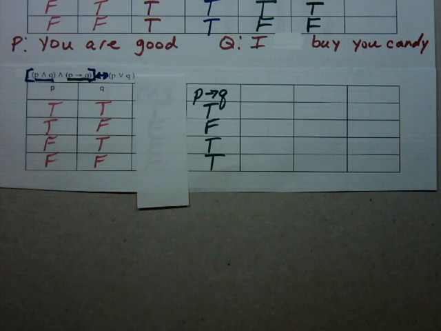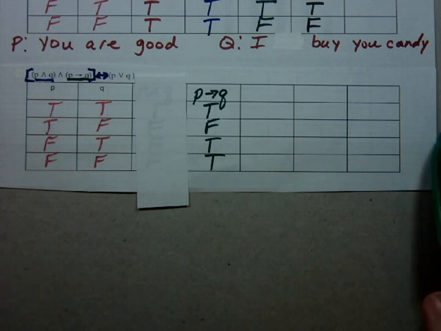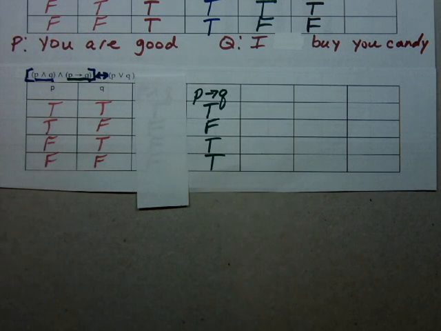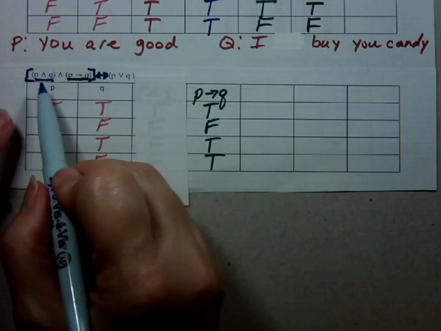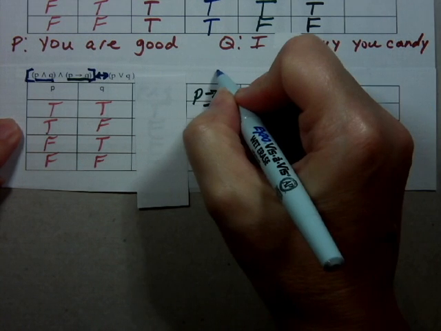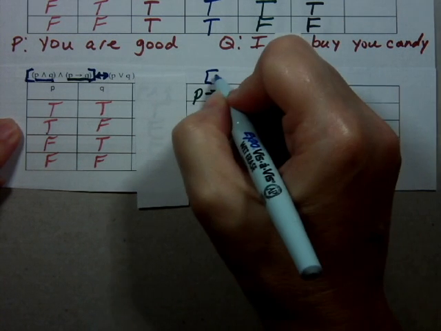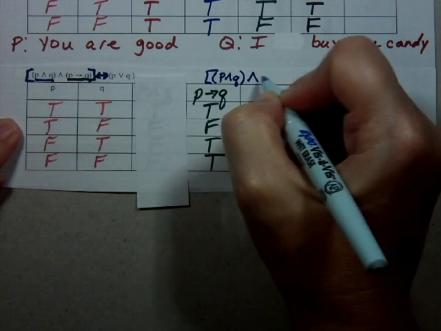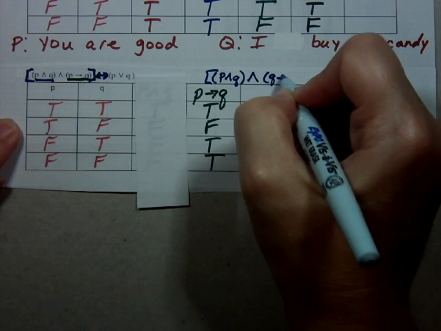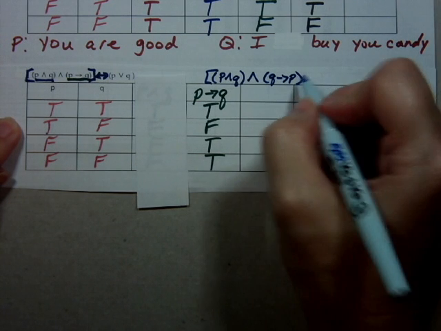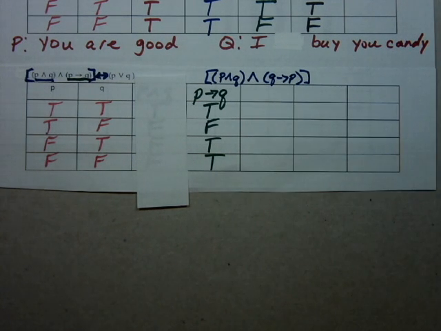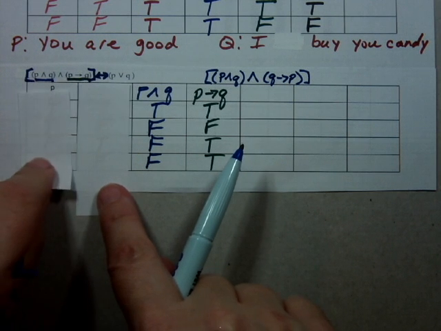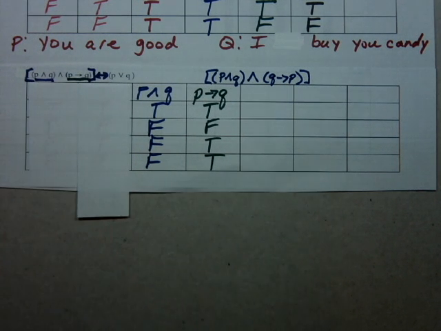All right? Now let's look at what else I need to do for this side. Well, I've got to find this whole thing in brackets. What is in brackets? I have to do P implies Q, and Q implies P. Notice, this looks crazy complicated, but watch, it's not. I'm going to cover up what I do not need, which is this.